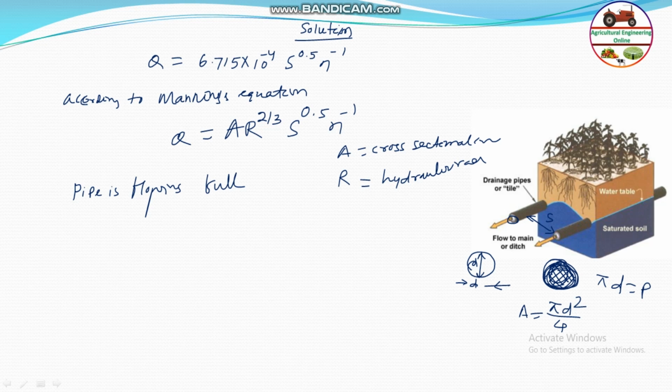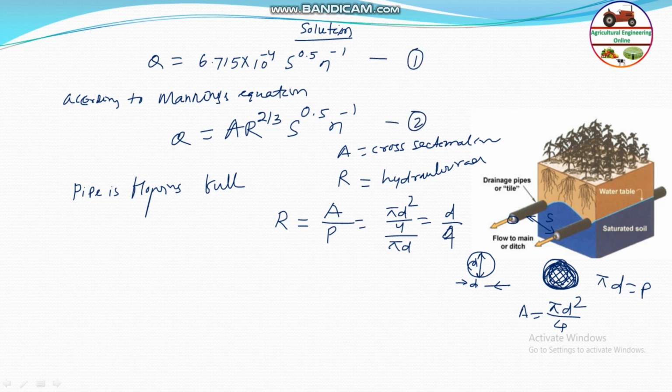Therefore the hydraulic radius R is equal to the cross-sectional area divided by the wetted perimeter, that is pi D squared by 4 divided by pi D. Therefore R will be equal to D by 4. Now if you see this equation as 1 and the other as 2, both equations are the same.